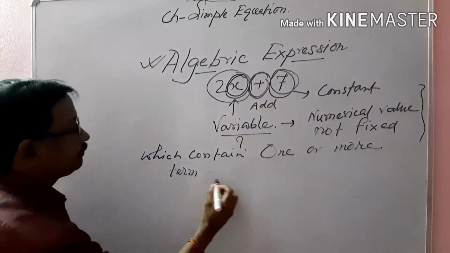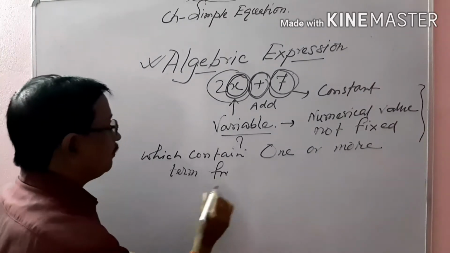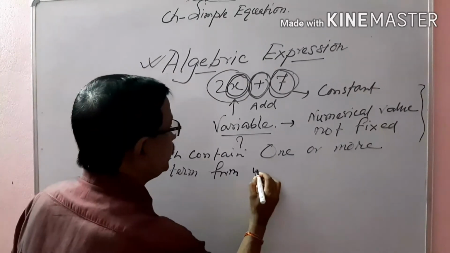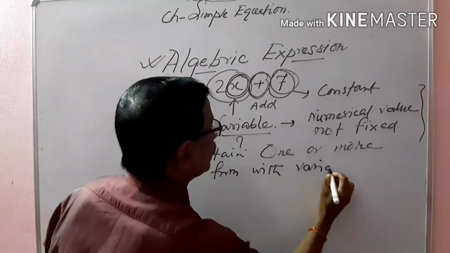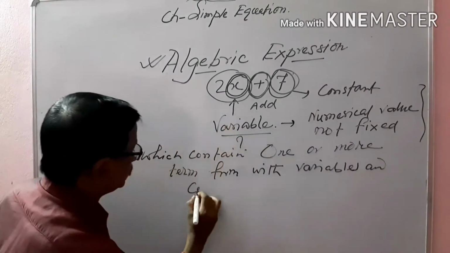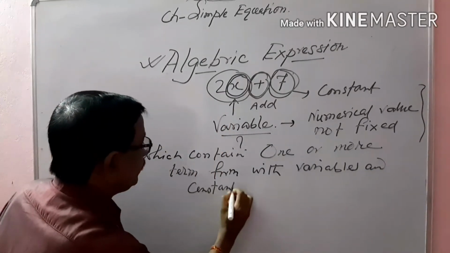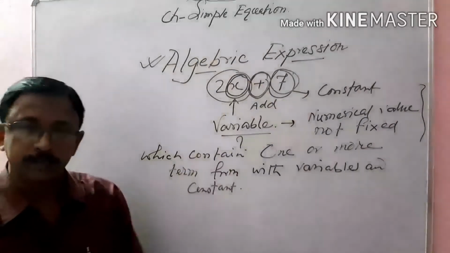One or more terms formed with variables and constants. In an algebraic expression, there may be more than one variable, 2, 3.